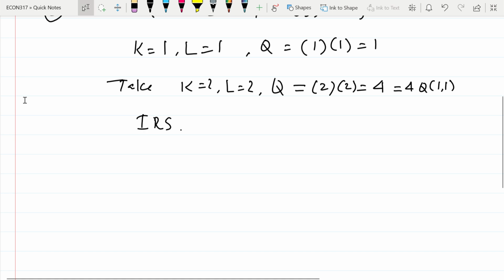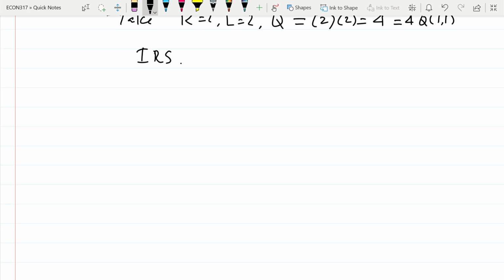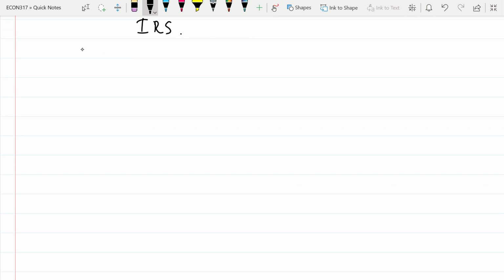The third one is the decreasing returns to scale. So for this, I will come up with a production function where Q is equal to K to the power 1/4, L to the power 1/4.